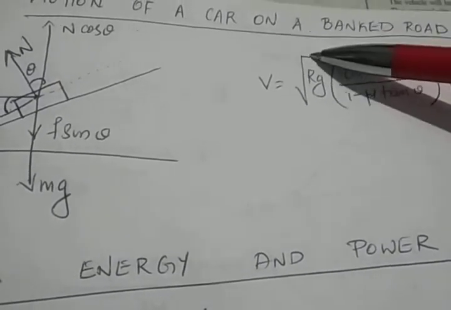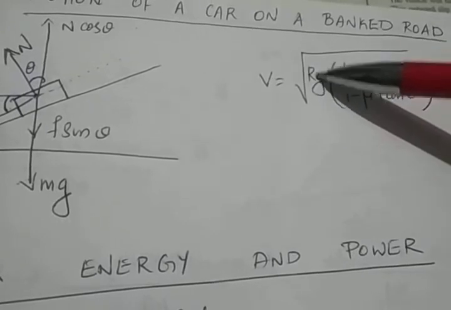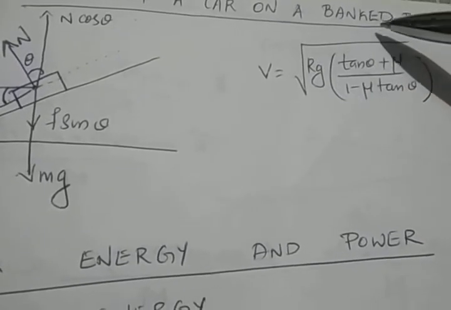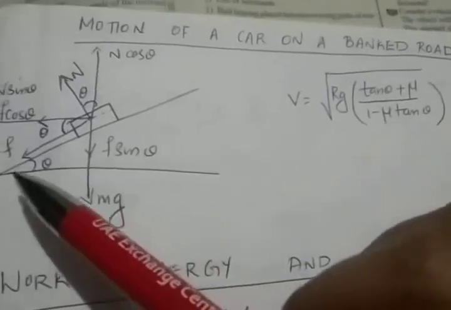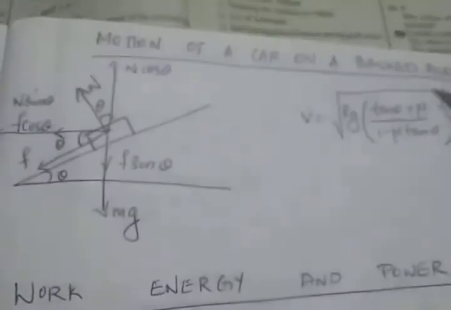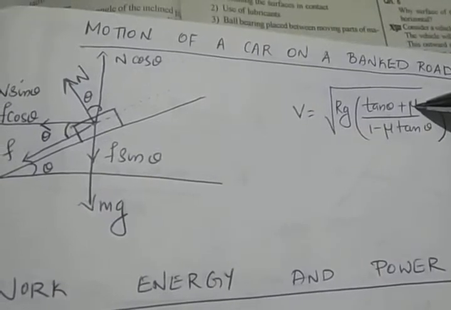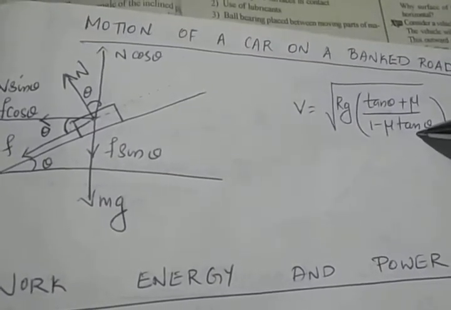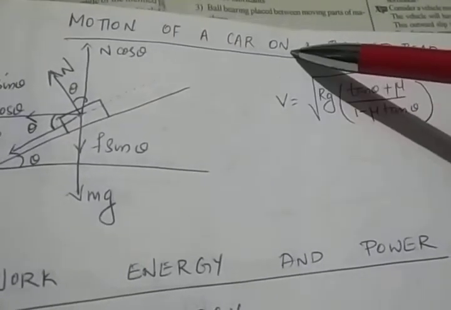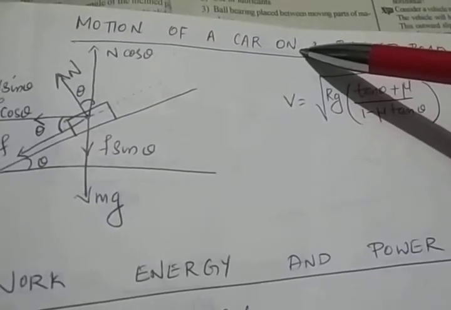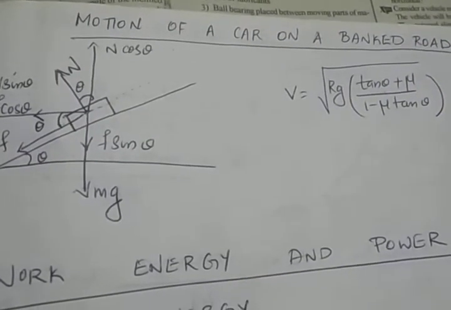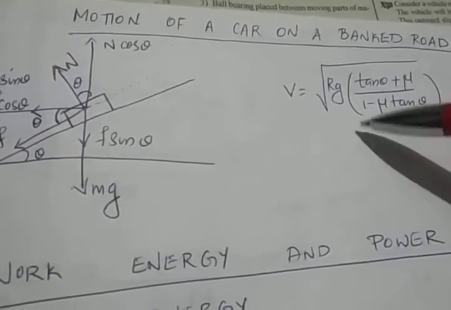Here r is the radius of that circular path or banking, g is the acceleration due to gravity, theta is the angle of banking, and mu is the coefficient of friction. This is the expression for the maximum speed that a vehicle should maintain while moving on a banked curved road. So this derivation is very important.